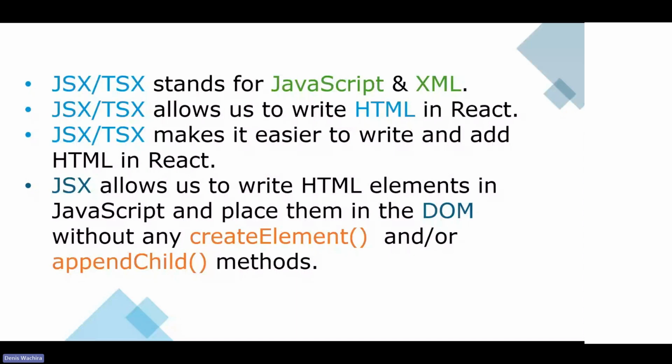In most cases, JSX or TSX will allow you to write HTML elements in JavaScript and place them in the DOM without the DOM functions, which are the createElement or appendChild methods that we used in DOM manipulation some weeks before.